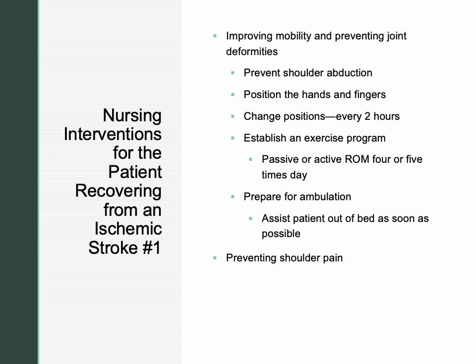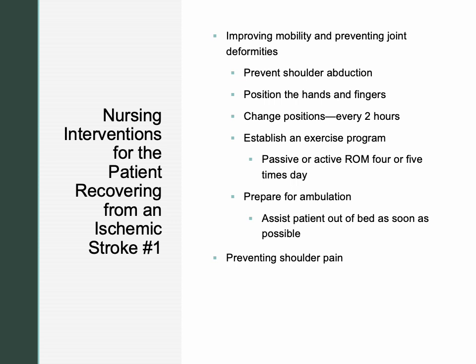Nursing interventions for the patient recovering from an ischemic stroke. We're just trying to improve their mobility and prevent any joint deformities or contractures, prevent shoulder adduction, and then abduction, so taking that shoulder away from the body, but we're trying to prevent some of that. There seems to be this hallmark with shoulder pain too with a stroke patient, so trying to manage that.